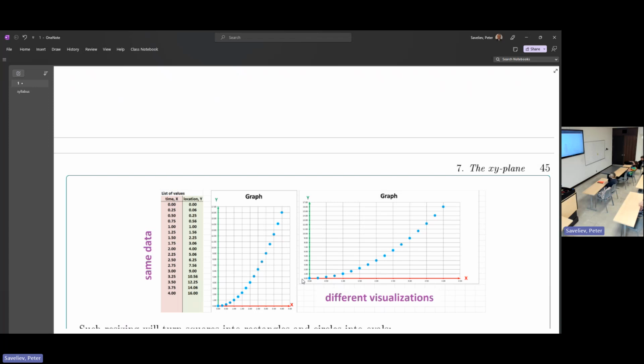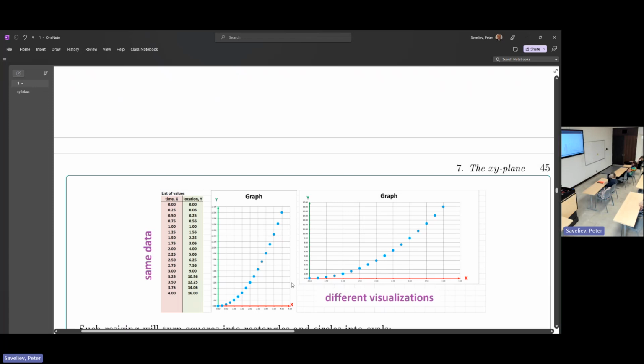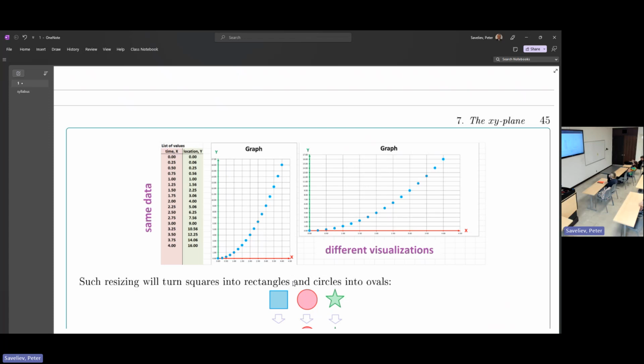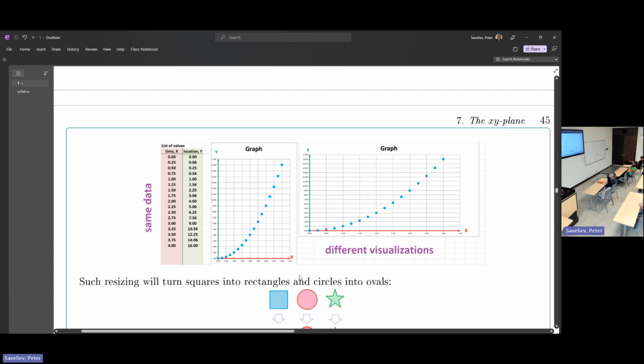So keep that in mind. You do not have to have squares in your graph, as much as it commonly happens when you plot. But in reality of data, especially, it's simply not the case. There is no relation between x and y, so squarely or not squarely, 1 inch and 1 pound.